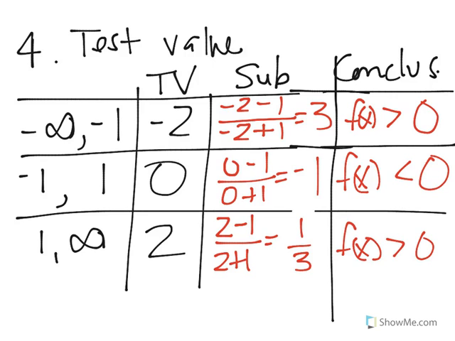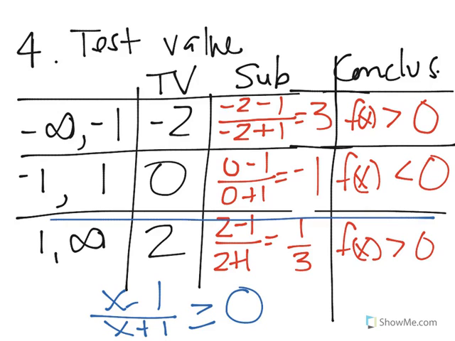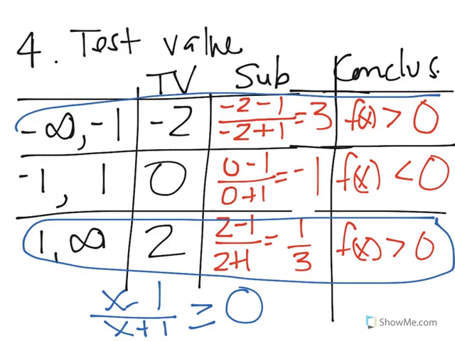and we know from the original problem, x minus 1 over x plus 1 was greater than or equal to 0. So with that in mind, we're looking at this interval here, because greater than or equal to 0, and this one here.